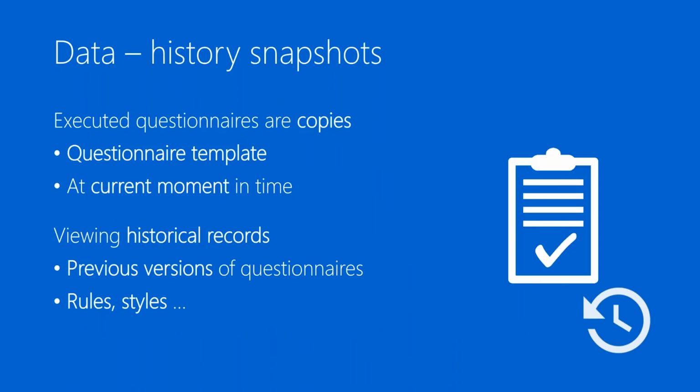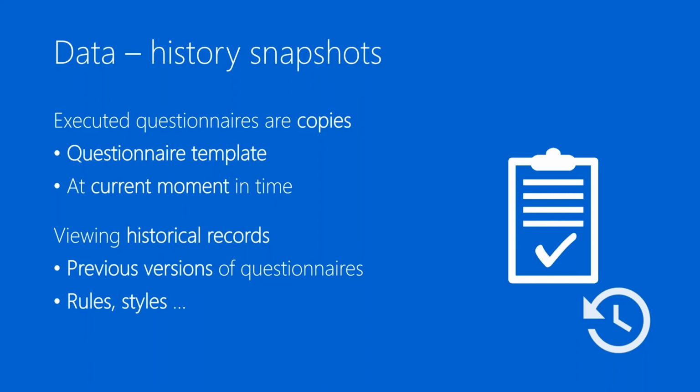This approach has helped us to gain one particular feature of Resco Inspections, which we call history snapshots. That means that every time you execute a questionnaire, we create the copy of that questionnaire at that moment in time. That means that all the rules that you have there, all the styles you have there, and more importantly, all the questions with their texts, with their provided values, are copied at that very moment. So as soon as someone answers, all this data is saved with the answer.